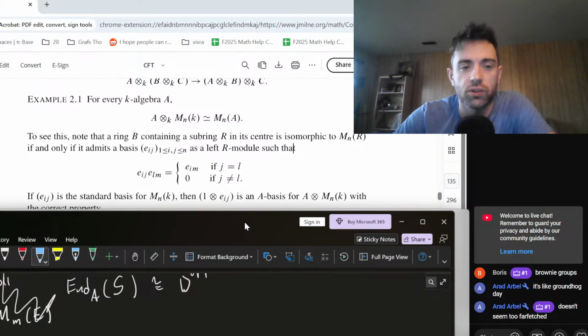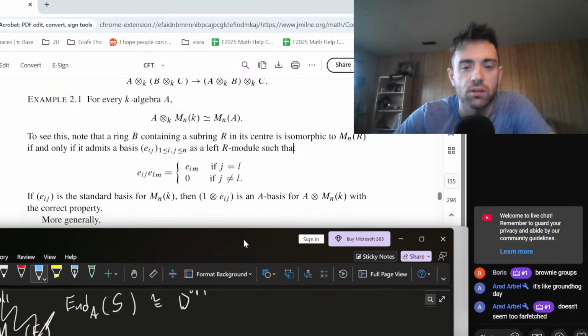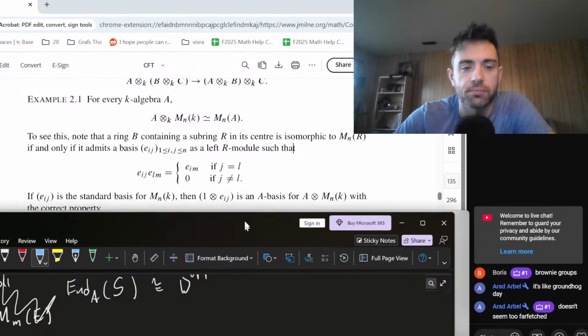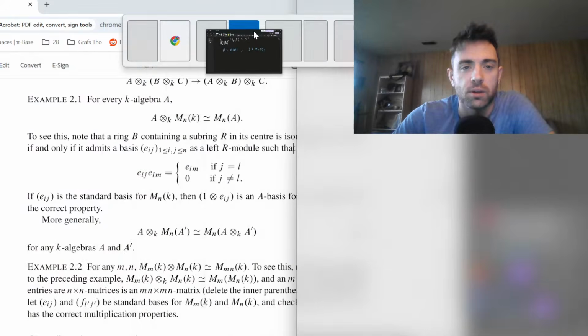This is isomorphic if and only if it admits such a basis. So certainly if it admits such a basis, this is true. I think I believe that.